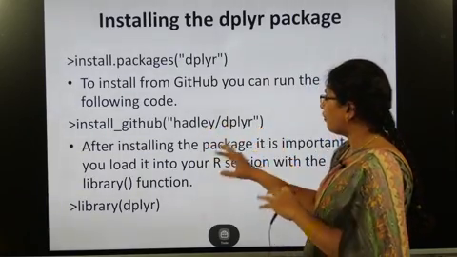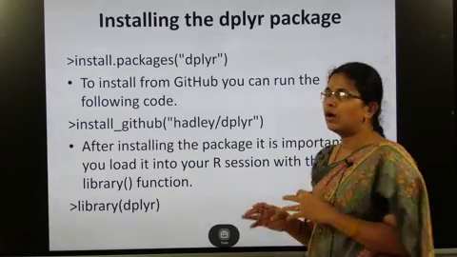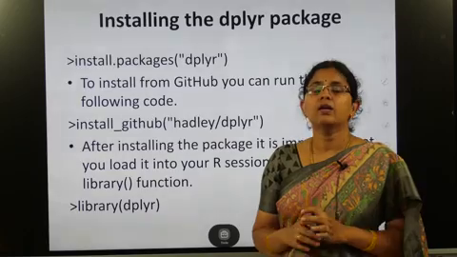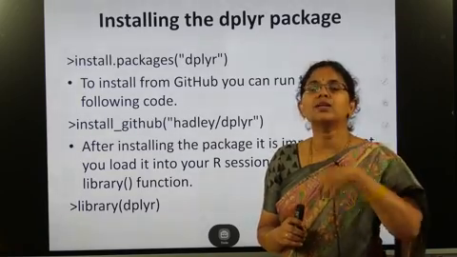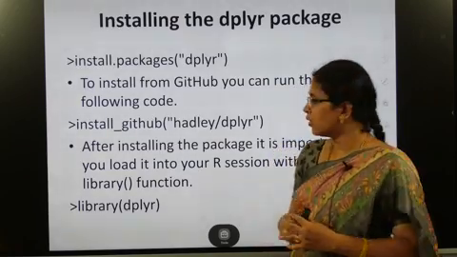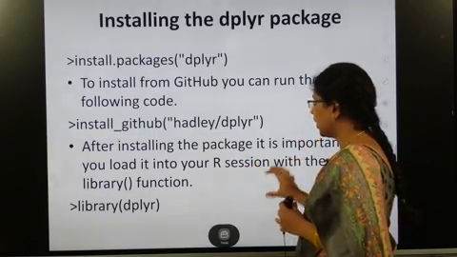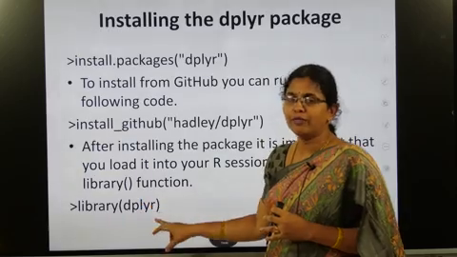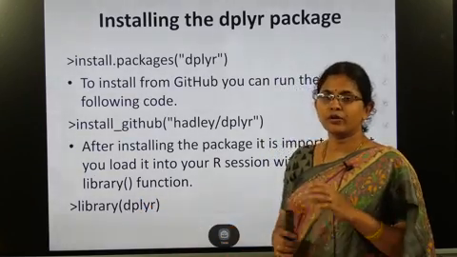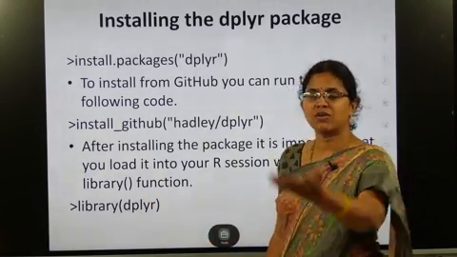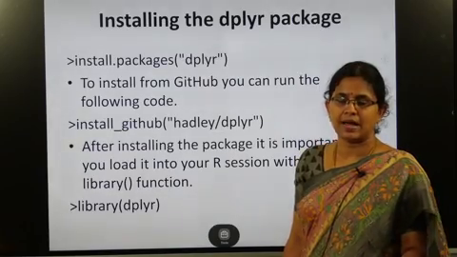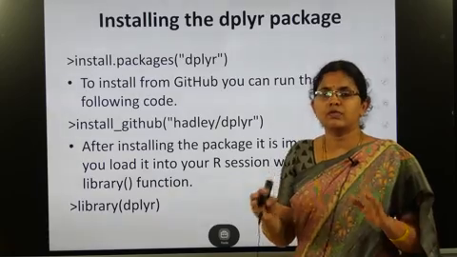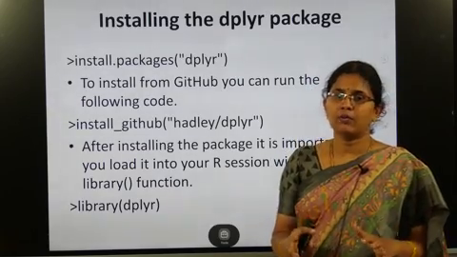After installing the package, it is very important that you load the package into R. In order to load it, you give this command, library of dplyr. If you give this command, the package will be added to the existing libraries and will work as per your requirement.